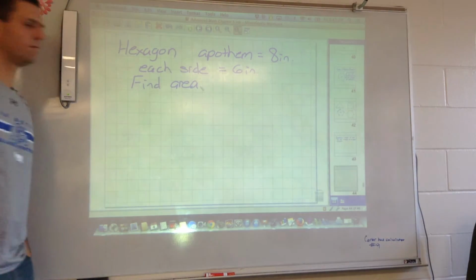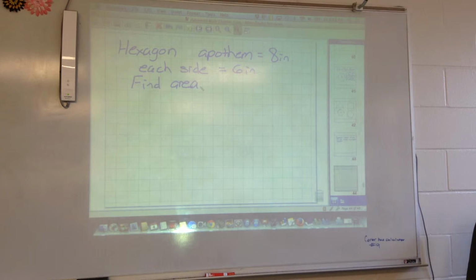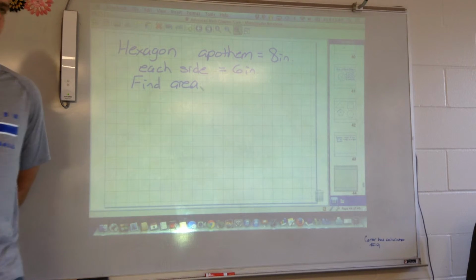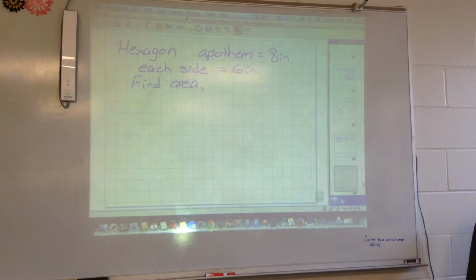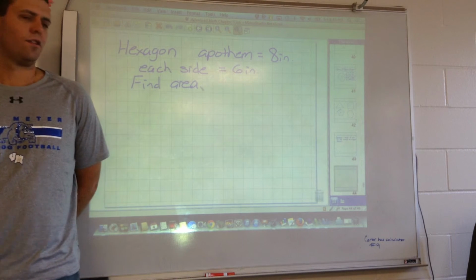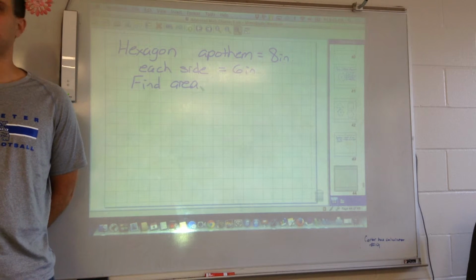Find the area. Now, the problems you get, I'm going to draw the picture out for you.